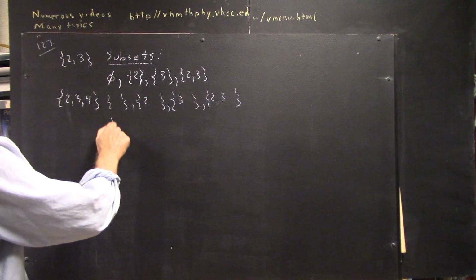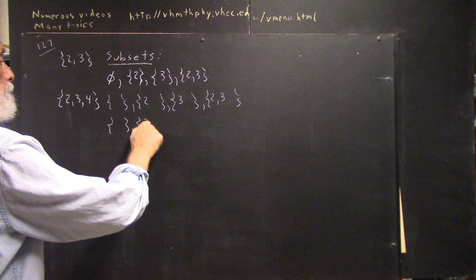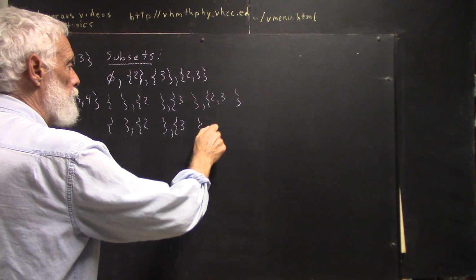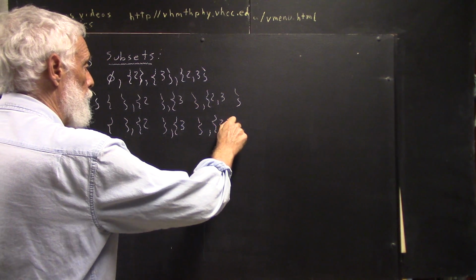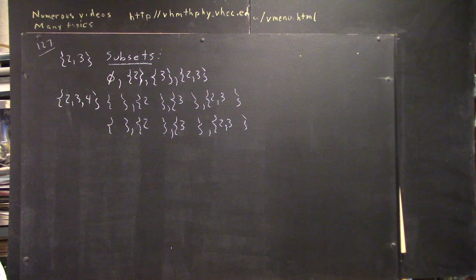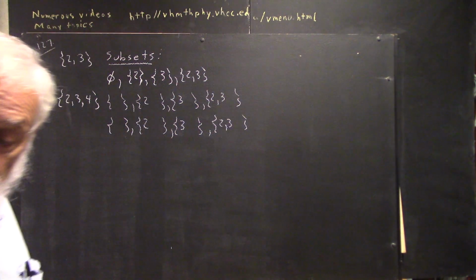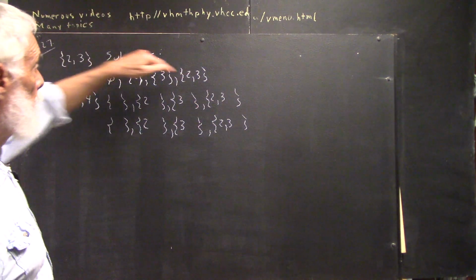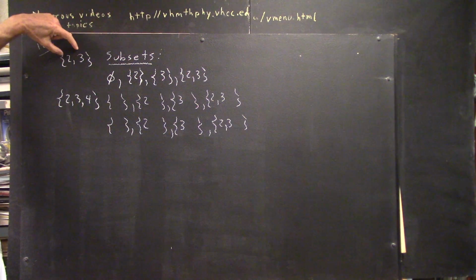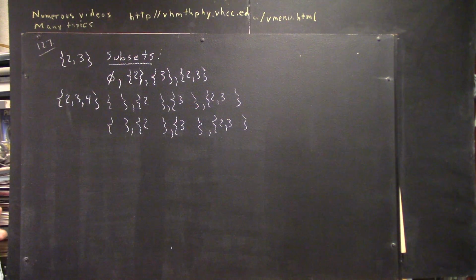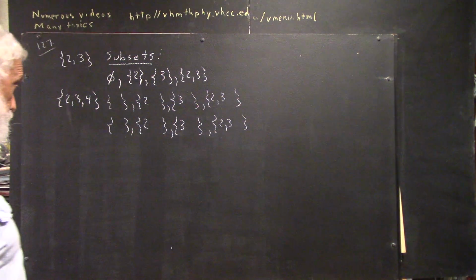And then I'm going to list them again, leaving myself room in case I want to add anything to any of these sets. Okay? Again, I've just listed all the subsets of the set 2, 3. Is there anything I could add to any of these sets?